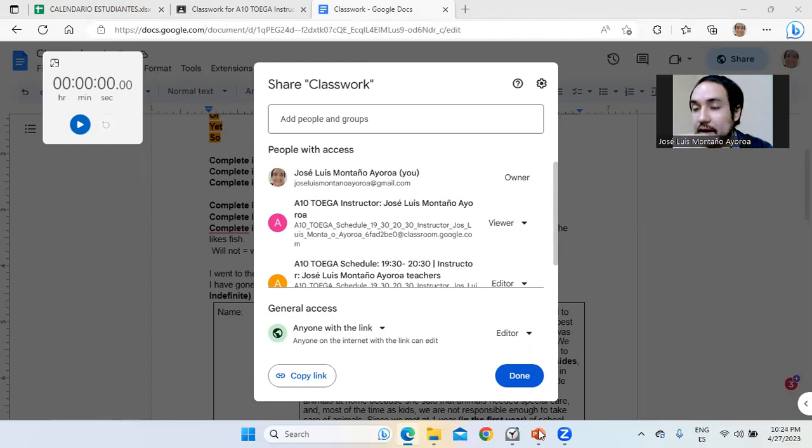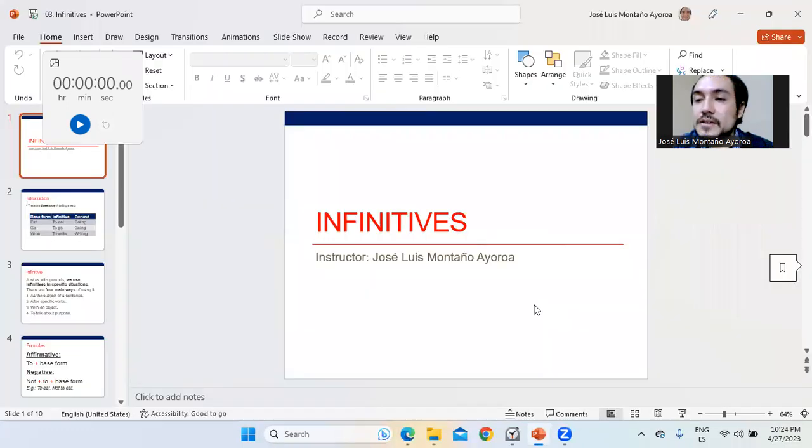Then perhaps when you join, I'm going to ask if there are questions about those two lessons that we got to see. Infinitives are the way we conjugate the actions after some verbs, or the way in which we can use this form of verbs, that is, to plus the base form of the verb.